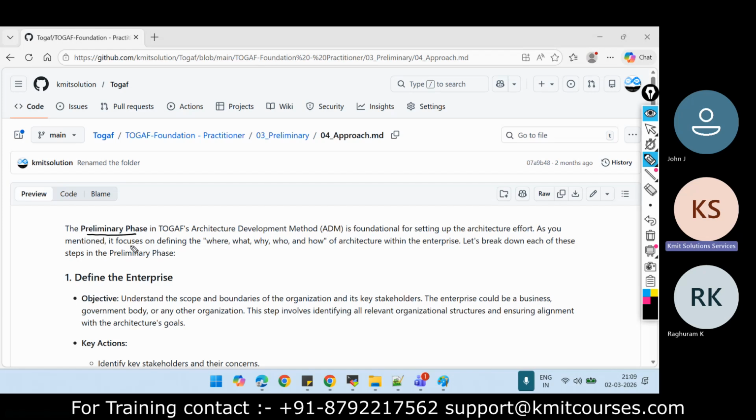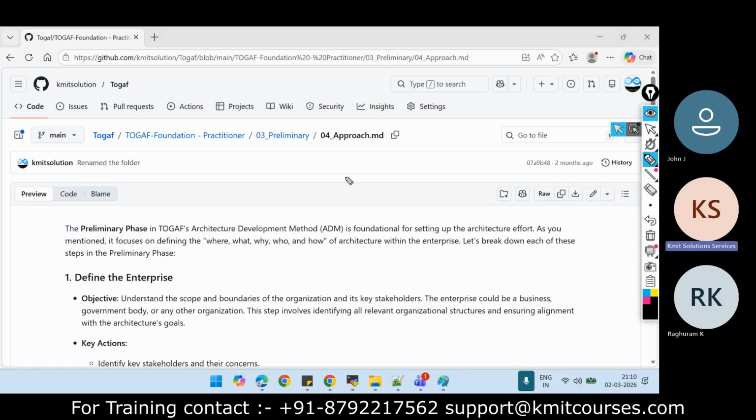It gives the organization setup and the participants, who are senior level, not only project level. Project level we define from Phase A. I hope you guys are understanding what I'm saying. In the preliminary phase, the stakeholders are senior level, at the organization level, not only the project level teams.